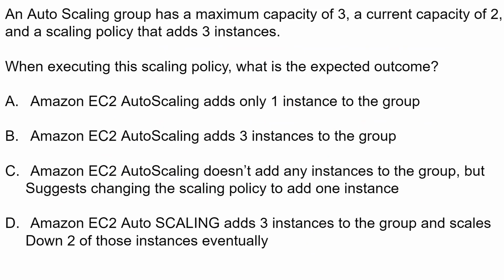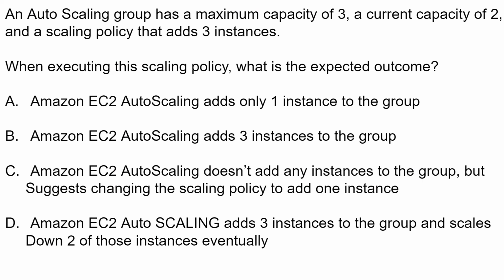Okay, an auto-scaling group has a maximum capacity of 3, a current capacity of 2, and a scaling policy that adds 3 instances. When executing the scaling policy, what is the expected outcome? A, Amazon EC2 auto-scaling adds only 1 instance to the group.